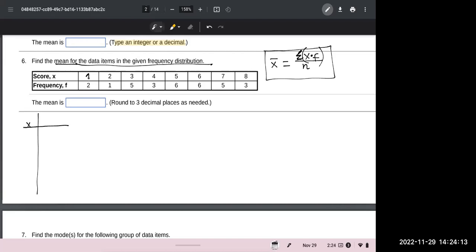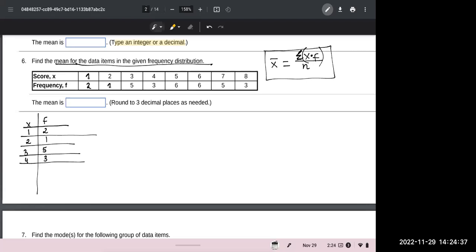x and frequency f. So I have x equal 1, frequency is equal 2. When x is equal 2, frequency is equal 1. When x is equal 3, frequency is equal 5. When x is equal 4, frequency is equal 3.